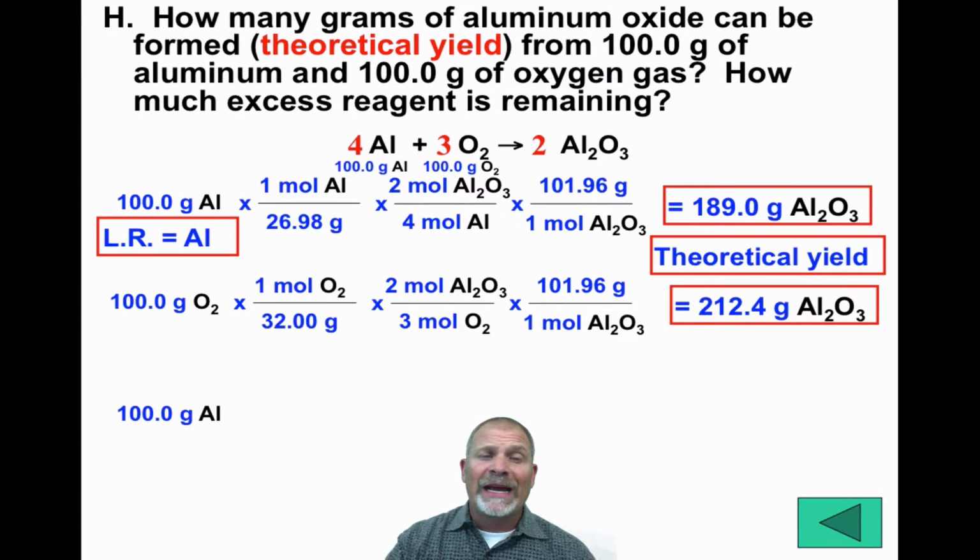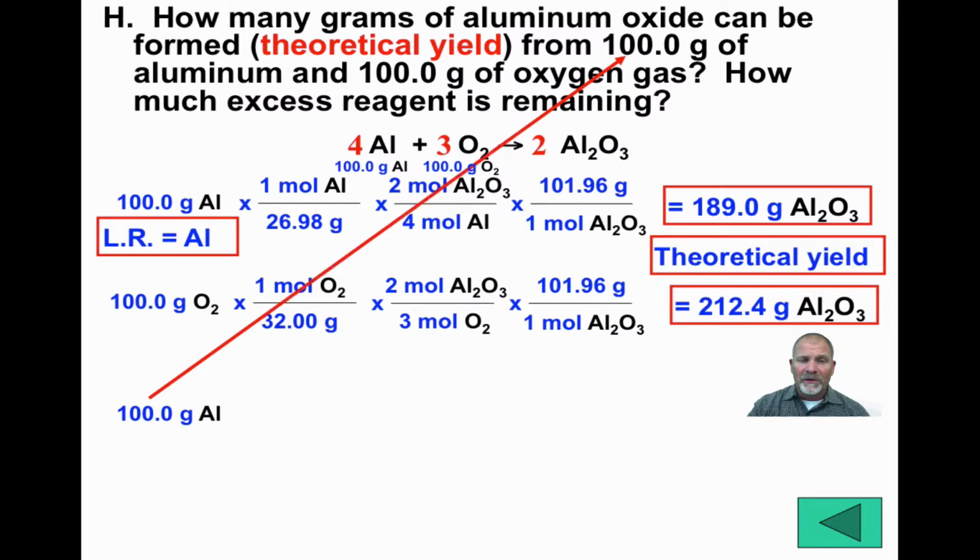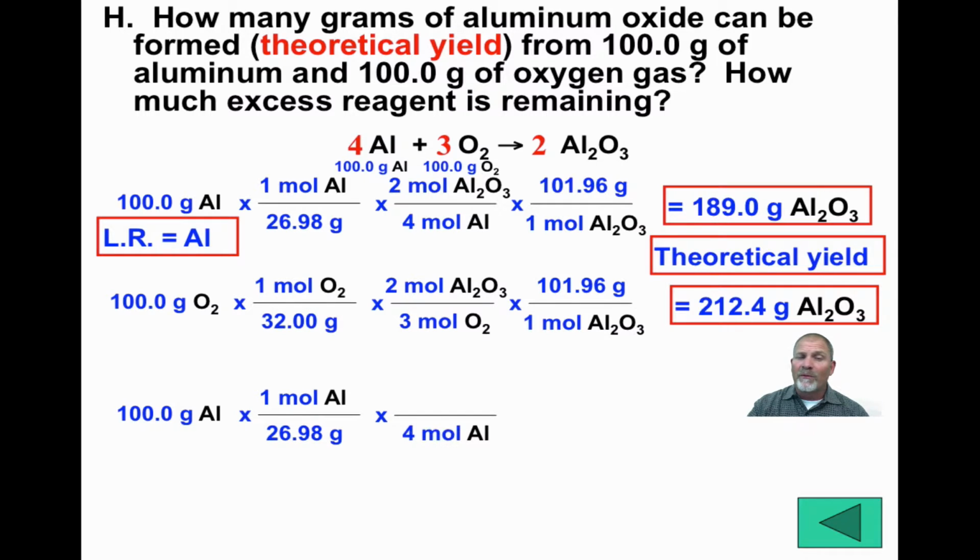Because remember, once my aluminum runs out, not only does it limit how much aluminum oxide you can form, but it also limits the amount of oxygen that you use. So I get my 100 grams, that's my limiting reagent, which I just determined. I'm going to use molar mass, which I've already done. We did copy paste, we did this above. That got me down to the mole bridge. Now I can cross the river.